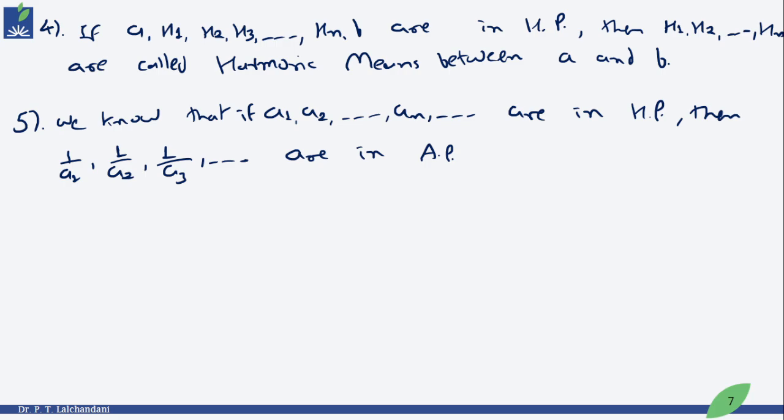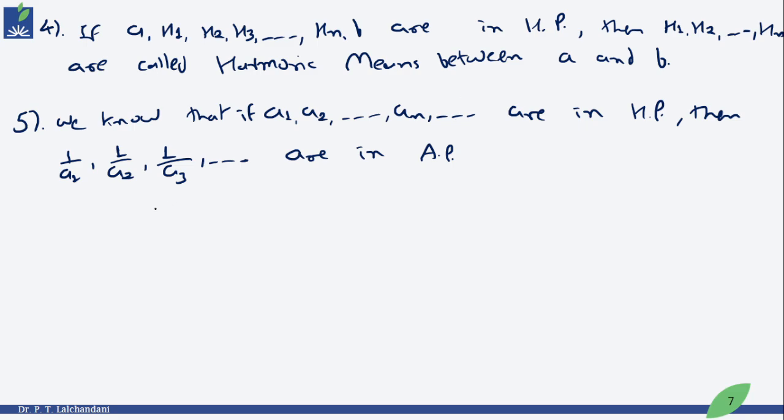So this means that the distance between 1 upon A2 and 1 upon A1 is the same as the distance between 1 upon A3 and 1 upon A2, which is the same as the distance between 1 upon A4 and 1 upon A3 and so on.